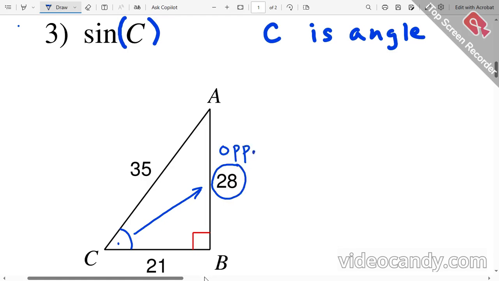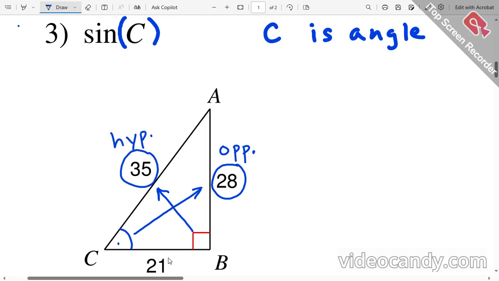I'll just write OPP. The hypotenuse is always across from the right angle. So again, go angle to side. That right there is your hypotenuse. I will abbreviate HYP.